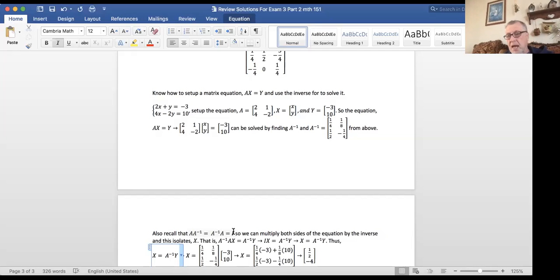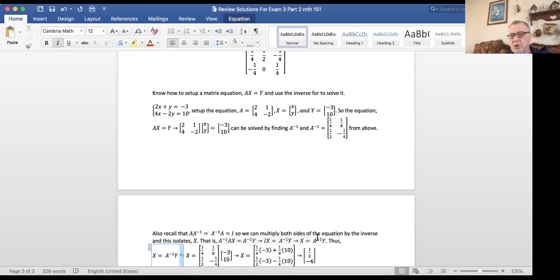We multiply A with the identity, we get A. We multiply the identity with A, we get A. And so that means that in this equation, AX equals Y, if we multiply both sides by the inverse, so A inverse A times X and A inverse Y, we get the identity times X, which is just X, and it equals A inverse times Y.